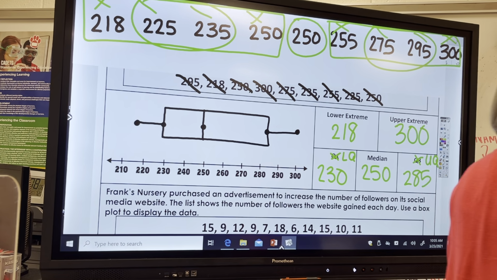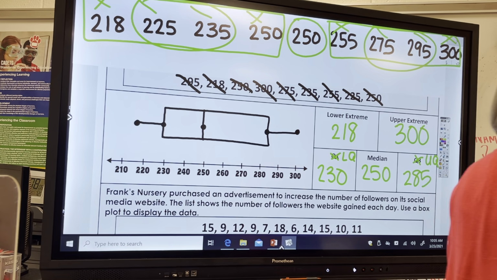All right, I have a question about your box plot. Which quarter has the most spread? Which one is spread out the most? Show me with your fingers: 1, 2, 3, or 4.